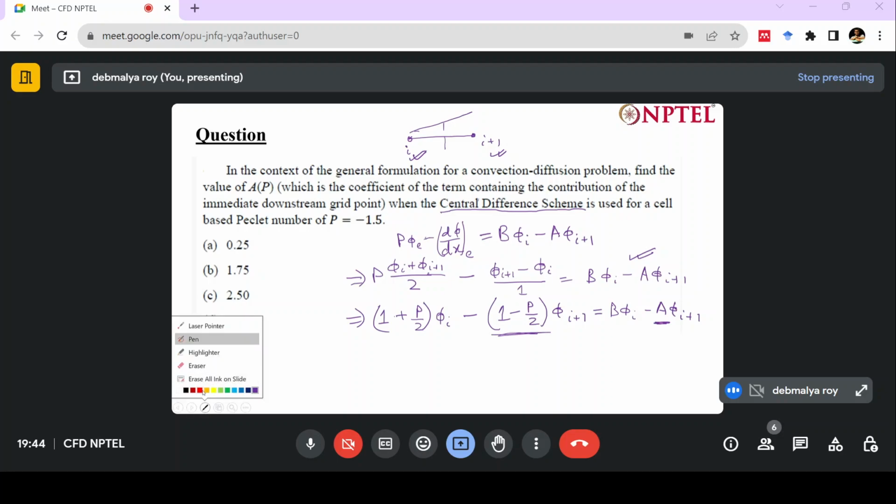So which is the correct option here? If I put minus 1.5 here, this becomes 1 plus 1.7, so option B becomes the correct one.